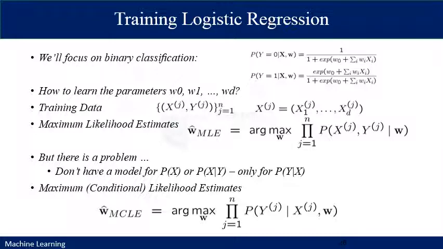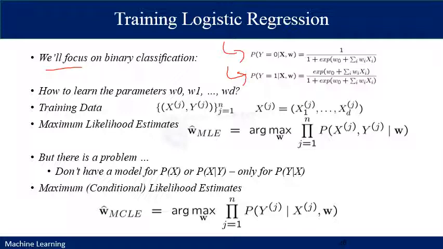So for the training of logistic regression, we have to focus first on binary classification, and our decision boundaries for positive and negative decision points are provided by the formulas discussed in the previous slides. So the task is again to learn the parameters, the weights w0 to w d, where d is the number of dimensions.